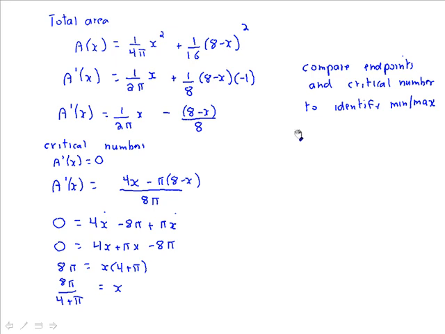So our endpoints are 0, and then 8, and then also what we just got right here. Now, not surprisingly, this 8 pi over 4 plus pi is going to be the troublesome one.